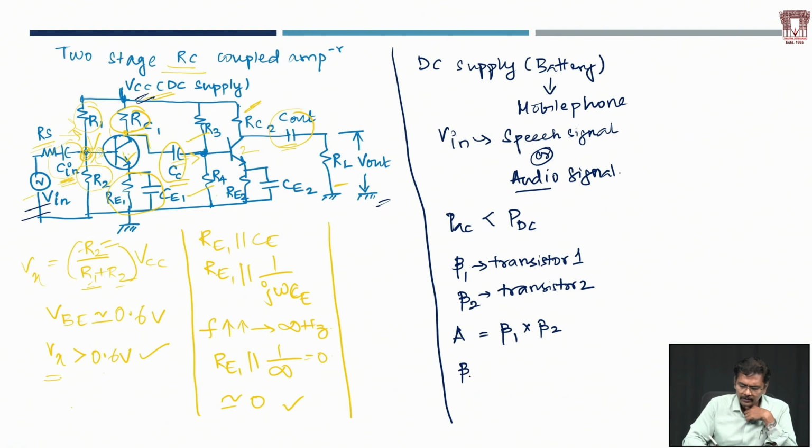In the ideal case, where beta 1 is equal to beta 2, the gain will be beta 1 squared, or beta 2 squared. So the intention is to increase the gain. The current gain as well as the voltage gain can be increased by using a two-stage RC coupled amplifier.